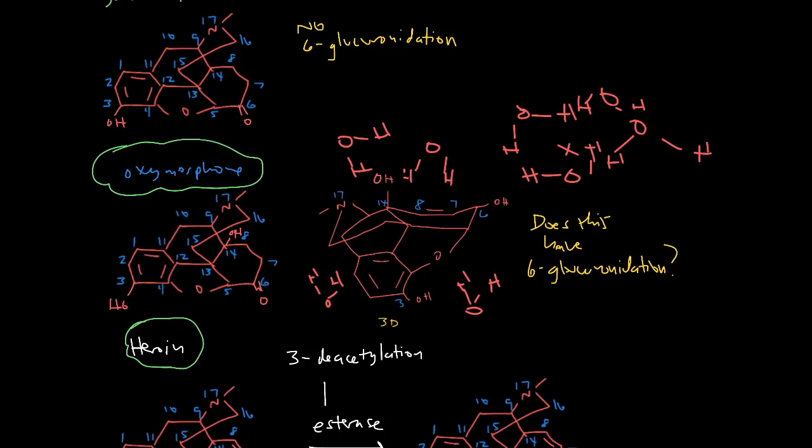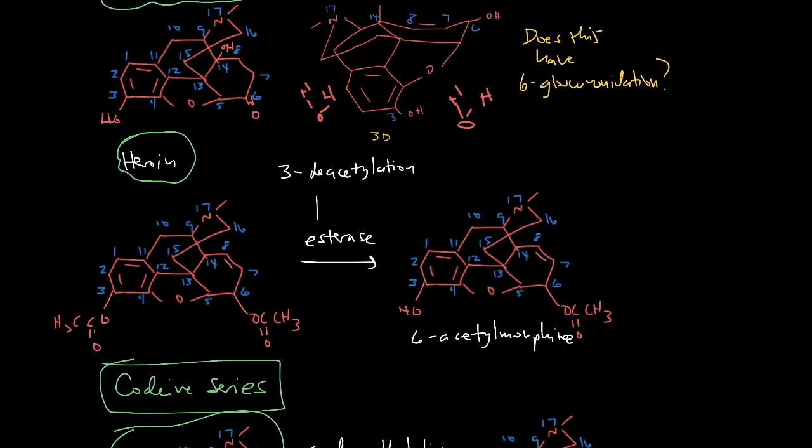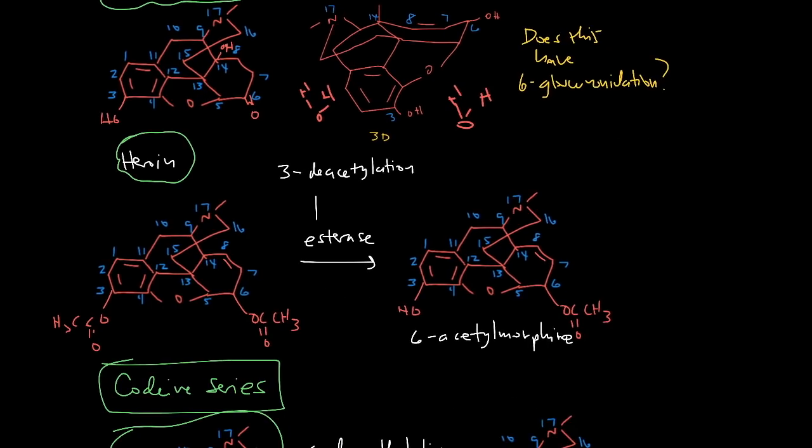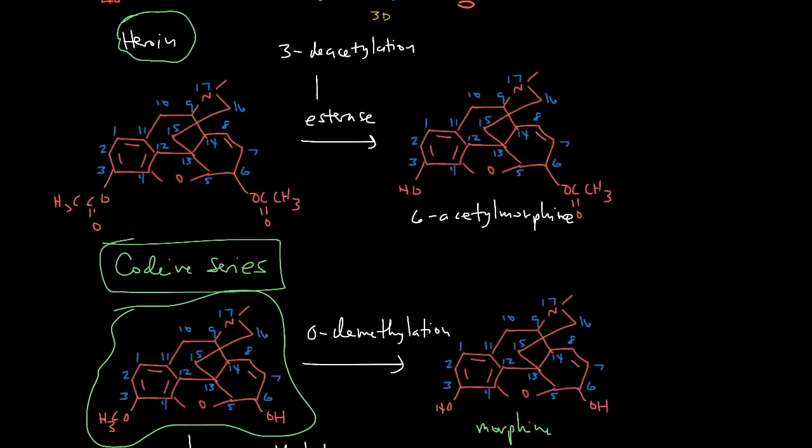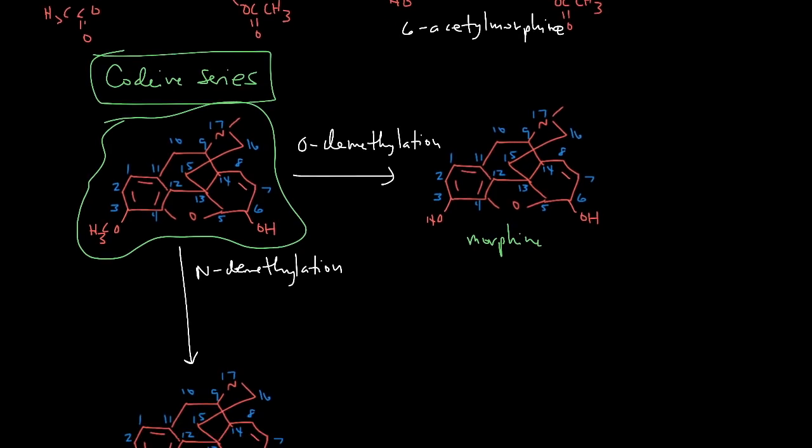Heroin can be deacylated, or you can remove the ester group at the 3 position to produce a molecule with just one acetyl group, which is 6-acetylmorphine. Your codeine series follows the same SAR as your morphine series, and the same naming convention, like oxymorphone, oxycodone, hydromorphone, hydrocodone.